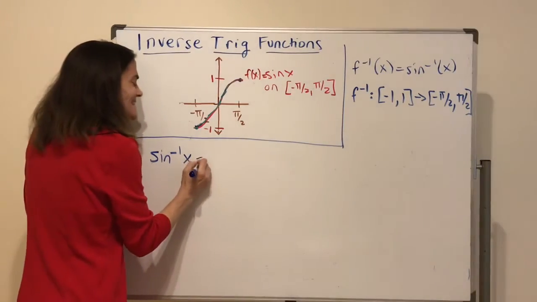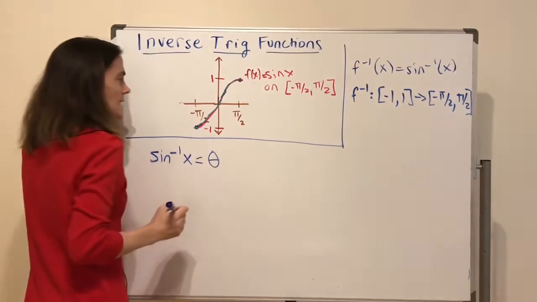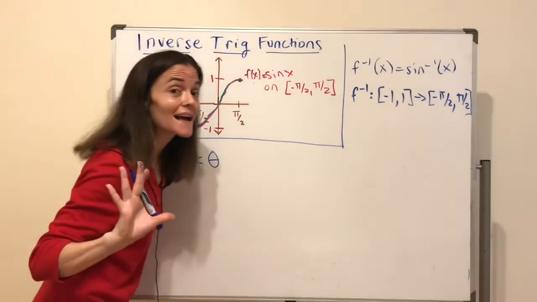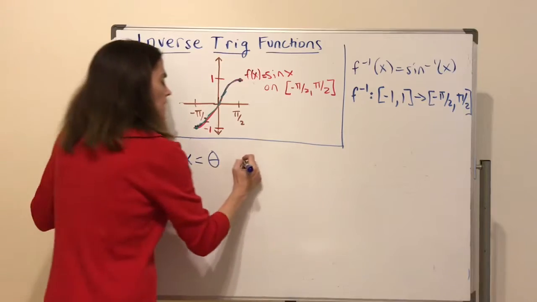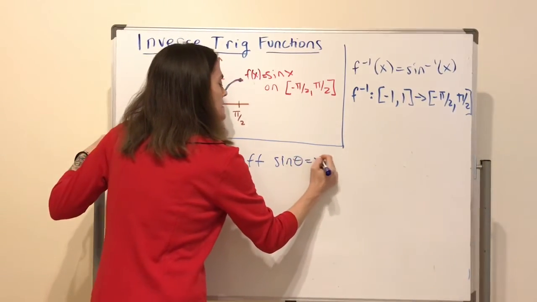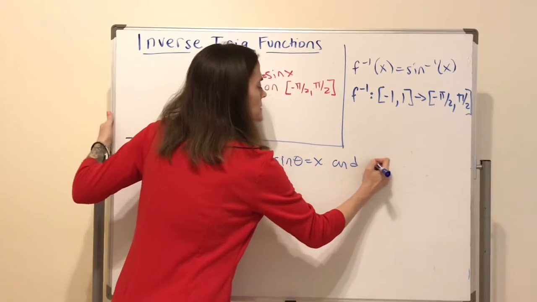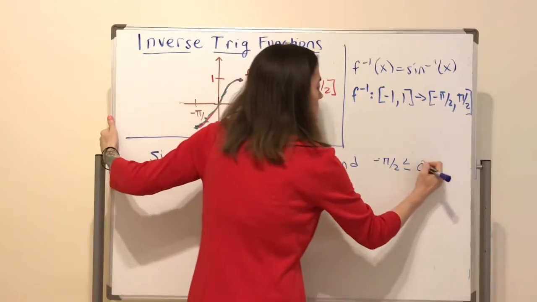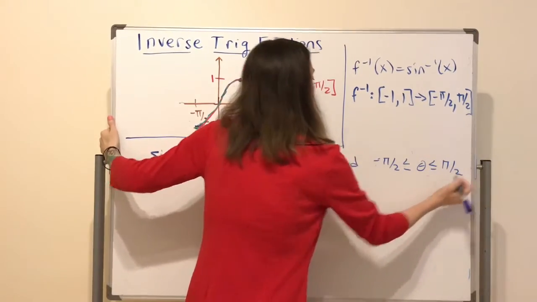But this is an angle, so I'll write this as a theta. Sine inverse gives you back an angle. I'll say theta equals sine inverse of x if and only if sine of theta is x, and theta is between minus pi over 2 and pi over 2.